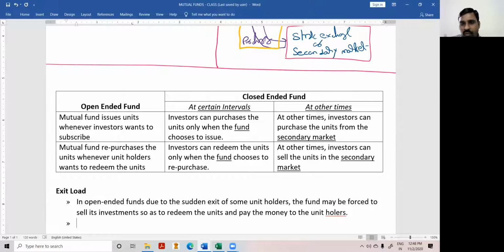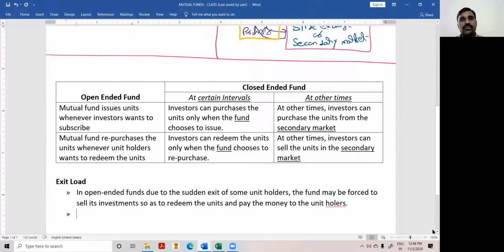For that, if the fund has sufficient cash equivalents, then the fund can use the cash and redeem the investments. But if the fund does not have any sort of cash equivalents, or the redemptions are exceeding the cash equivalents, then the fund is forced to sell the investments. As if you have liquid cash, we'll pay the creditors by using the liquid cash.